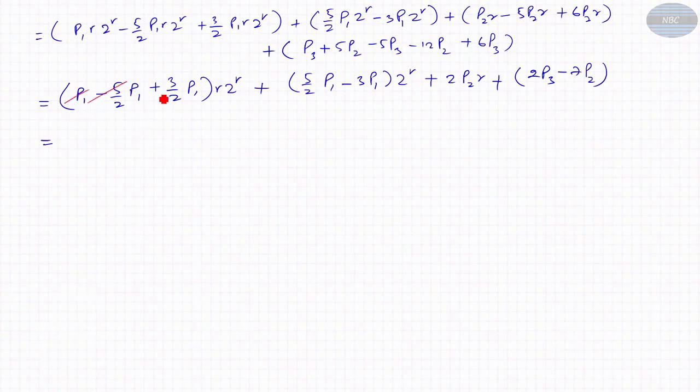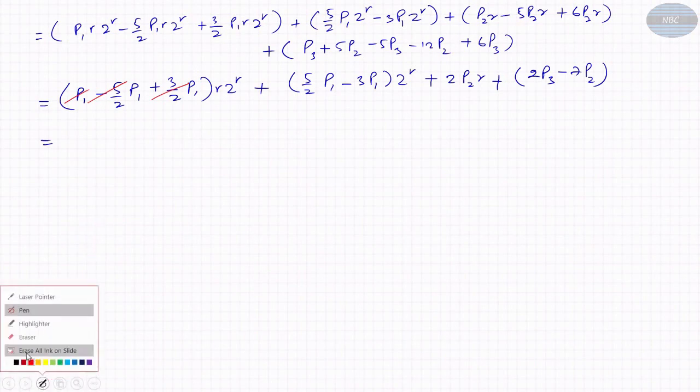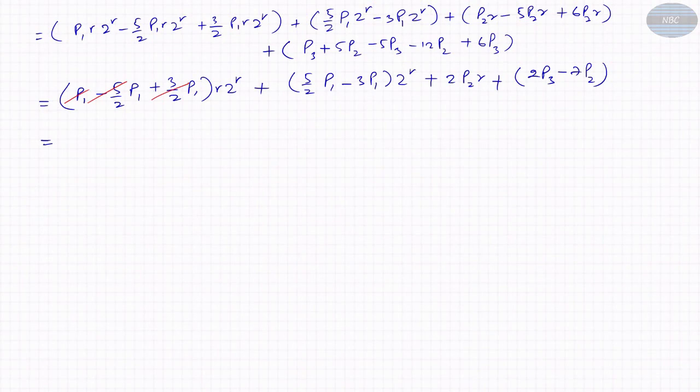So all these are cancelled out, the whole term is cancelled out here, and we have 5 by 2 p1 minus 3 p1 to the power r.